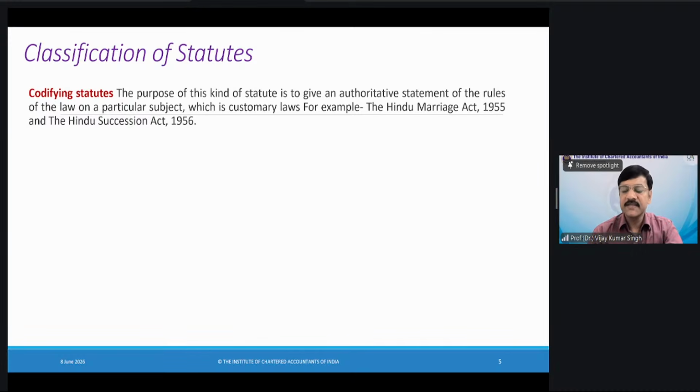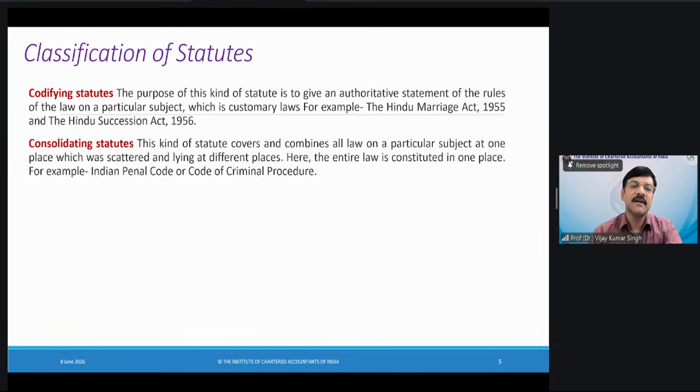Okay. Now, let us look at another important category called consolidating statutes. Consolidating statutes basically combine different or scattered laws into one singular law. The greatest example of consolidating statutes could be the labor codes.